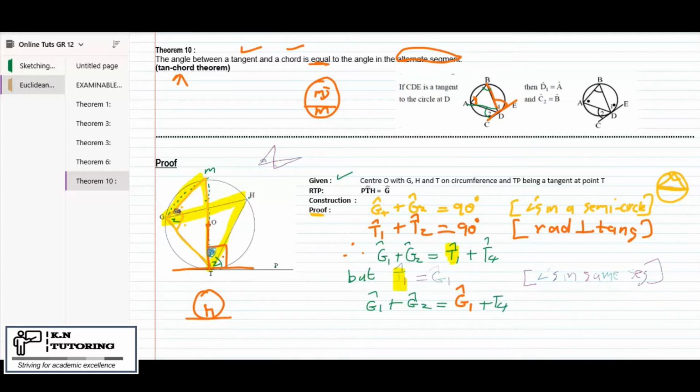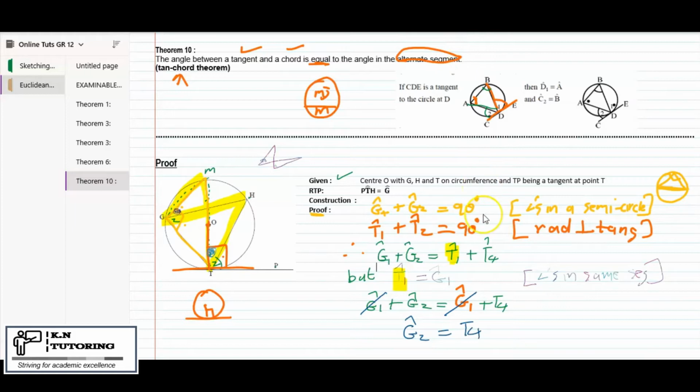So what did I do? I took this equation that I had where I see T1, I substitute G1 because I already proved that G1 and T1 are equal because they're angles in the same segment. Now I'm going to simplify and then you will see that this G1 will cancel this G1, then I'll be left with G2 is equal to T4.